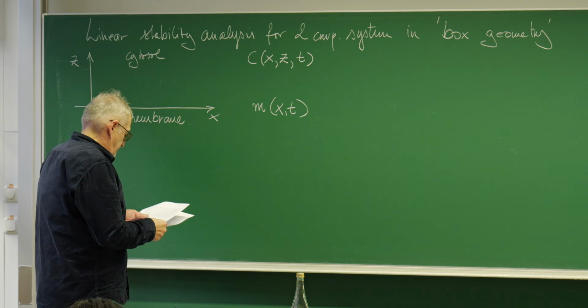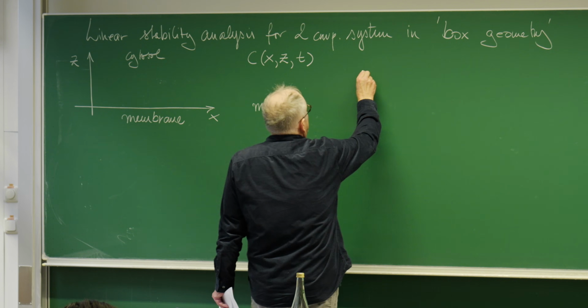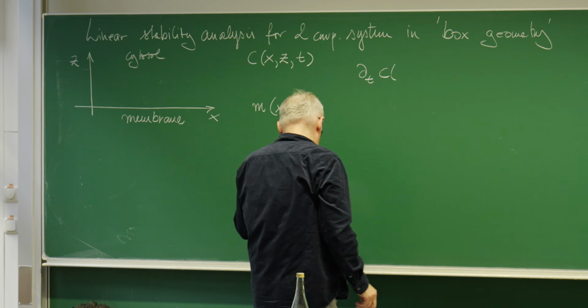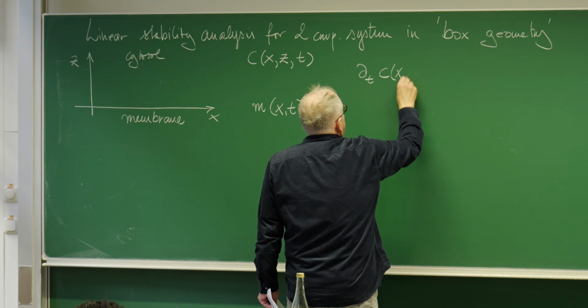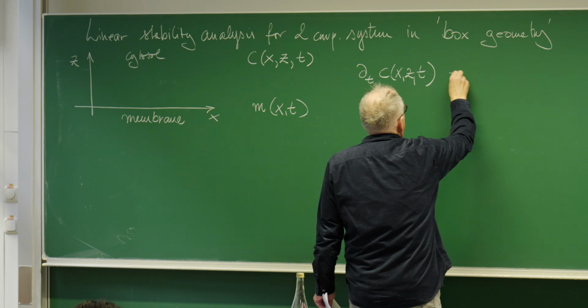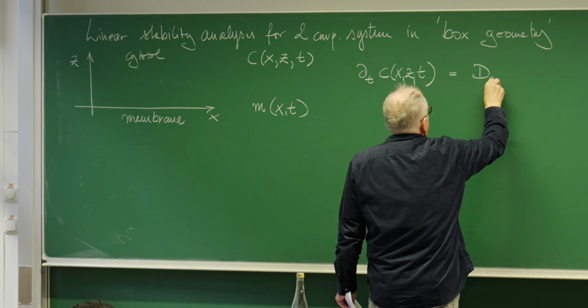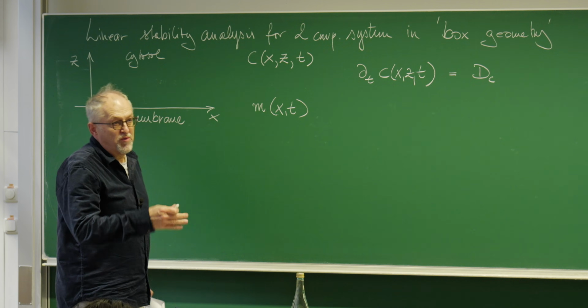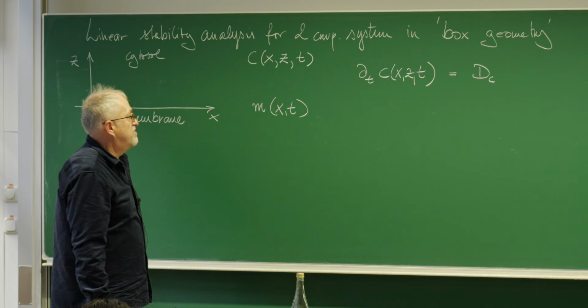We will have an equation of motion in the bulk, which is ∂t c of all these variables. And we will assume that for simplicity, there is only diffusion in the bulk, no reactivation by nucleotide exchange.